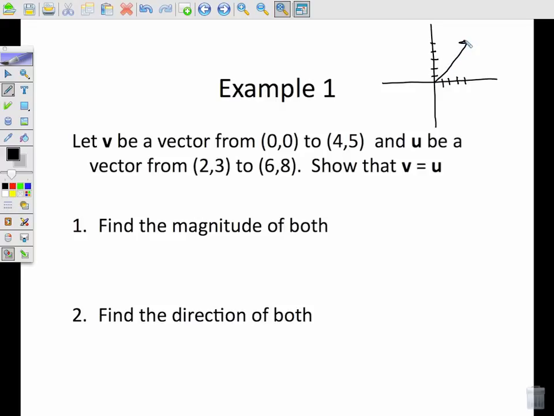So there's the vector from the origin to 4, 5, and this is vector v. And let u be a vector from 2, 3 to 6, 8. So let's go ahead and map that one out. 2, 3 to 6, 8.